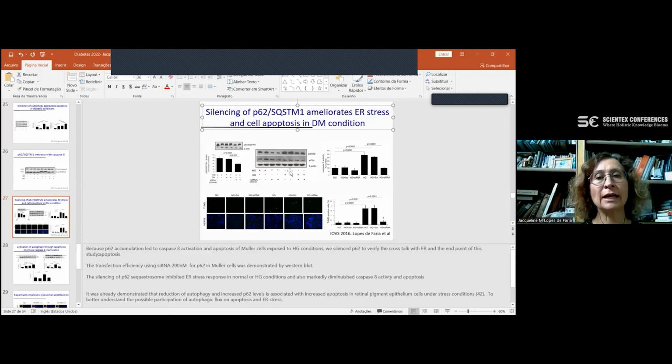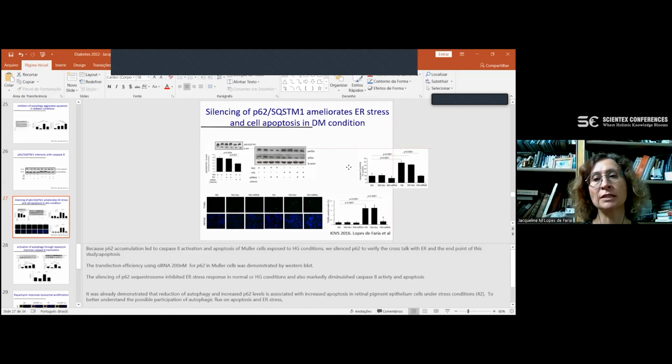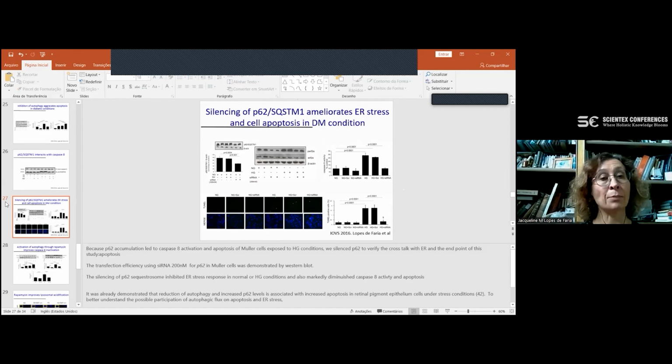And in the high glucose condition, it decreased the expression of phosphorylated eIF2 alpha, which is a marker of endoplasmic reticulum stress. It decreased the caspase 8 activity, decreasing apoptosis, marked by TUNEL assay, which was a protective effect of the silencing of P62.